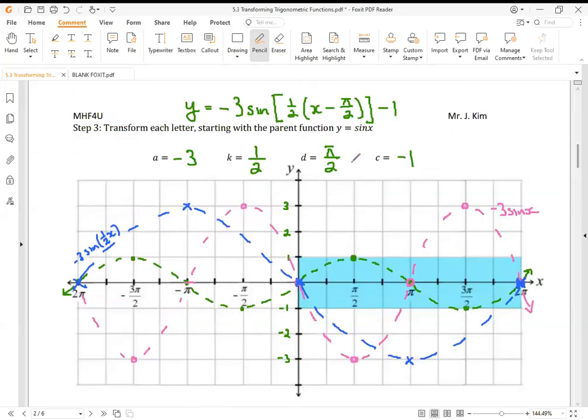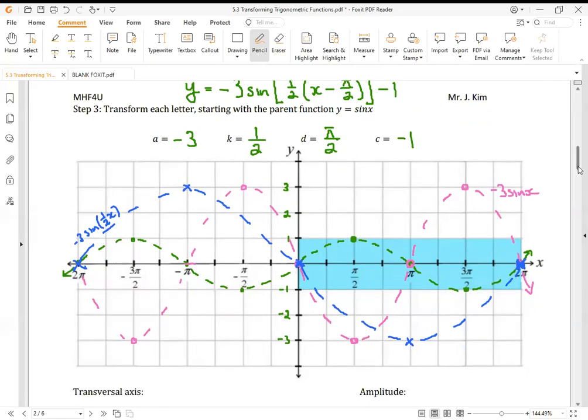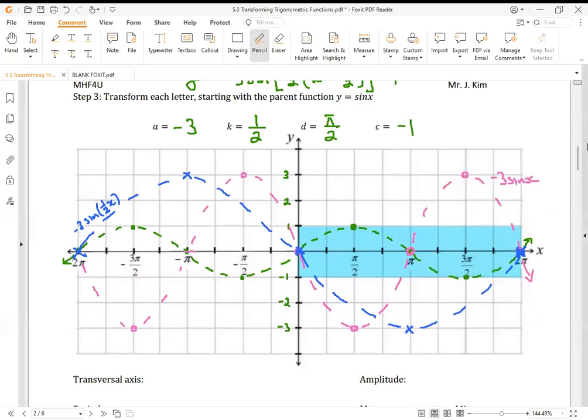Now, in one go, I'm going to move that blue line to the right by pi over 2 and down by 1. Right pi over 2 means moving to the right by 2 boxes and going down 1 box. Let's use black. So this x, 2 boxes, 1 box, right there. This x, 2 boxes, 1 down. 2 boxes, 1 down. 2 boxes, 1 down, somewhere there.